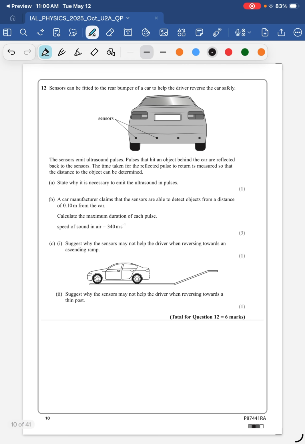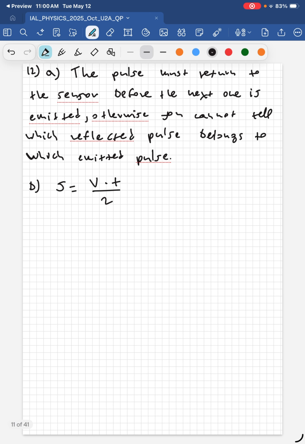Okay, so they don't have it here. So if this is the car and this is a wall, the emitted pulse has to travel back and forth, right? So it gets detected. We are interested in the time the pulse takes. So time is 2 times the distance over the speed of sound.